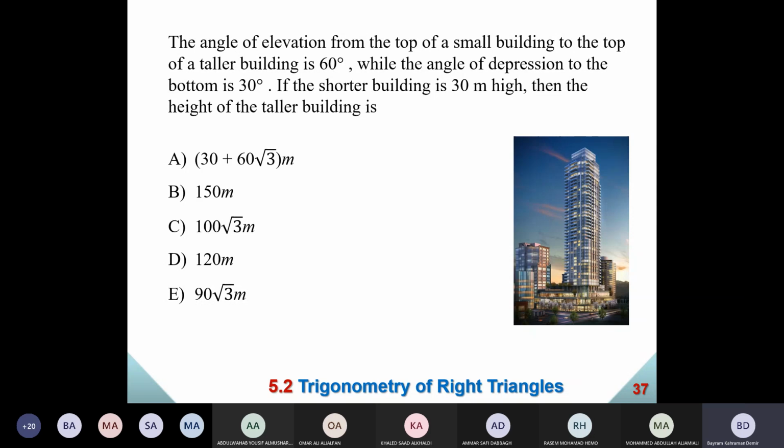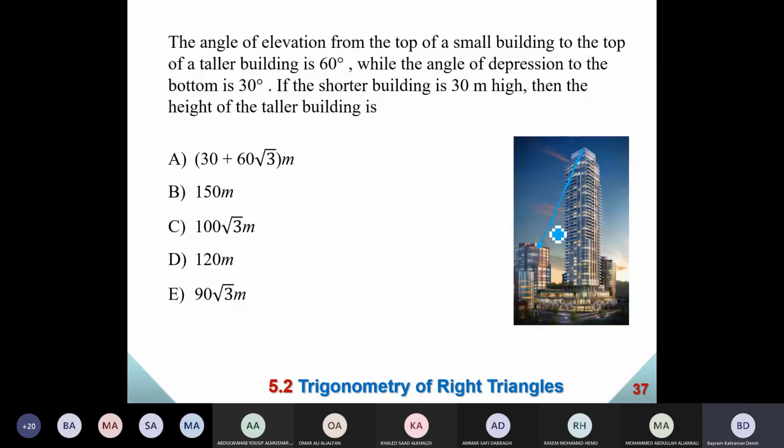Now, as you see in the picture, suppose you are at the top here, looking to the top of the tower. So the angle of elevation is 60. You need to draw your level here.